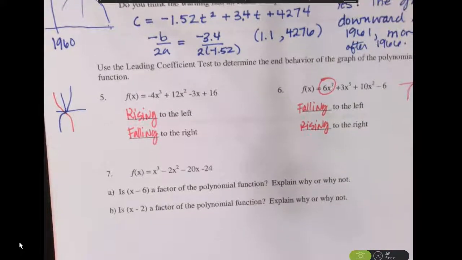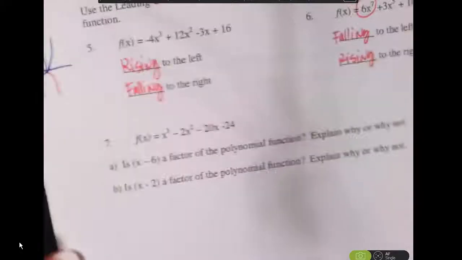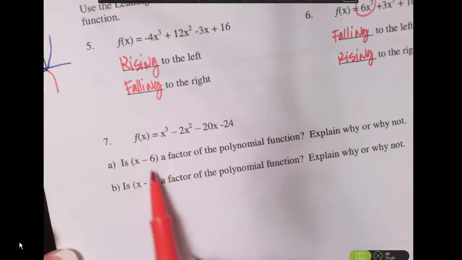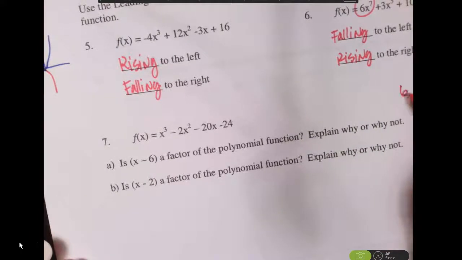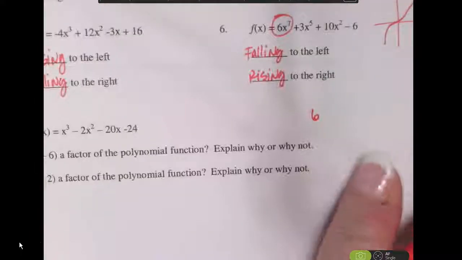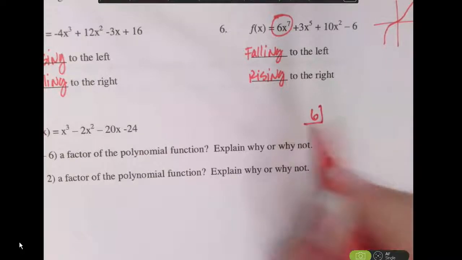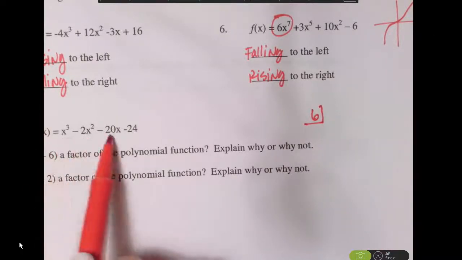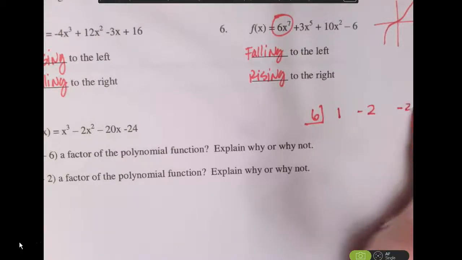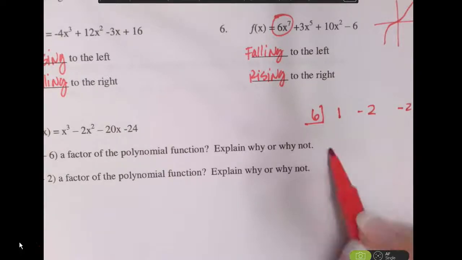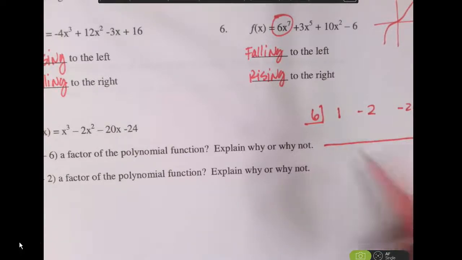So in number 7, we've got this cubic function, and we're being asked if this is a factor. So recall that the way to determine that is to do a synthetic division. And I'm checking my function to see if there are any spots where I might need a placeholder. And it's descending order of the variable, so it does not.